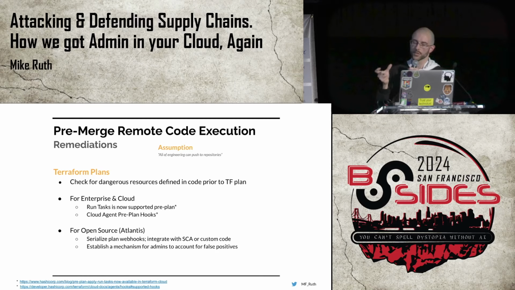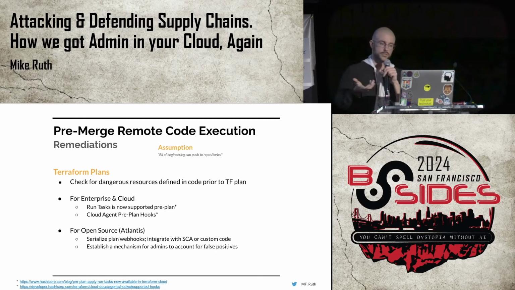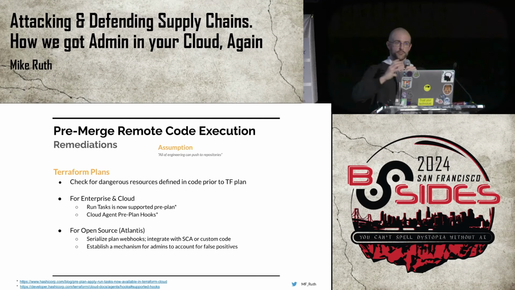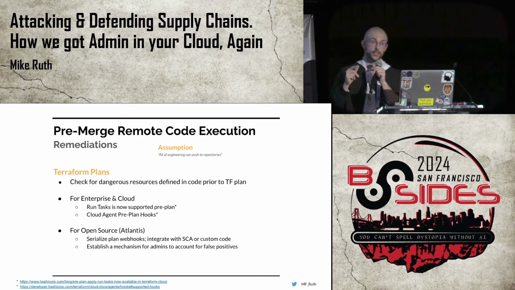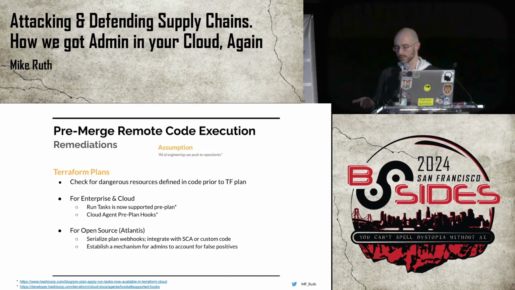We can create custom code to check for that, or use static code analysis tools. Then we have a pipeline that will actually stop your plans from running if found. You can also establish a mechanism for admins to look and see, hey, was that resource legitimate? Did someone actually need to use that resource for a legitimate use case? If so, then allow it to move through.